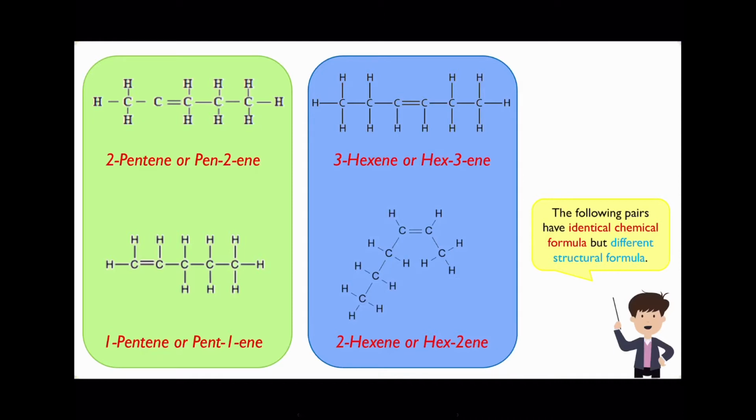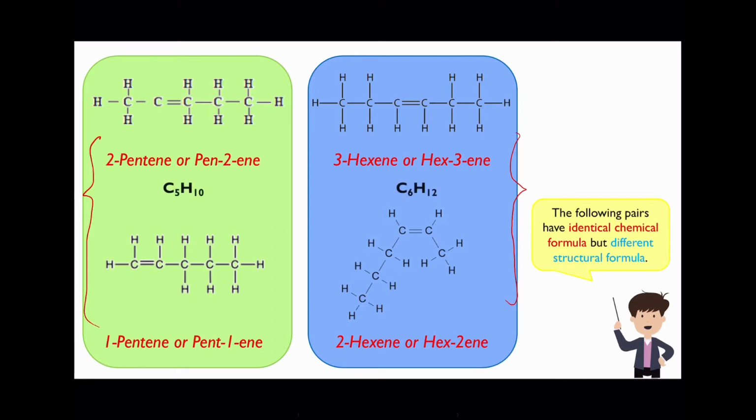For instance, you were drawing two molecules of pentane, but they only differed in the position of the double bond. Similarly, you also named two hexane molecules that only differed in the position of the double bond. The following pairs have the same identical chemical formula.